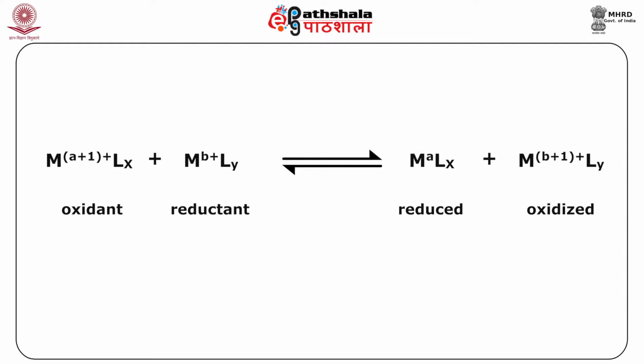M(N) Lx, meaning the charge is reduced, and in the other complex M(B+1) Ly, meaning the charge is increased. So it is evident that electron transfer has taken place from the reductant to the oxidant.